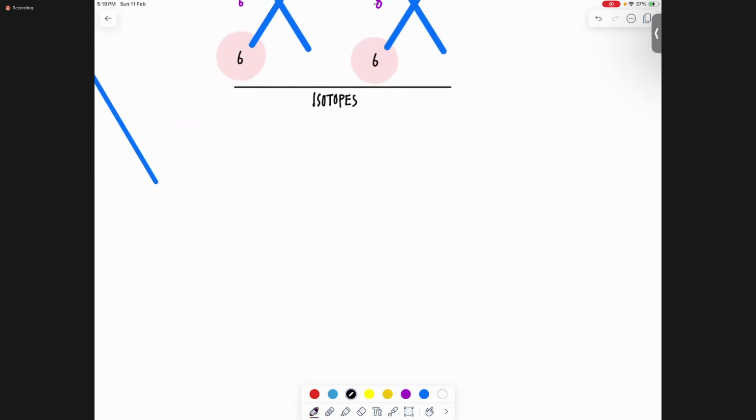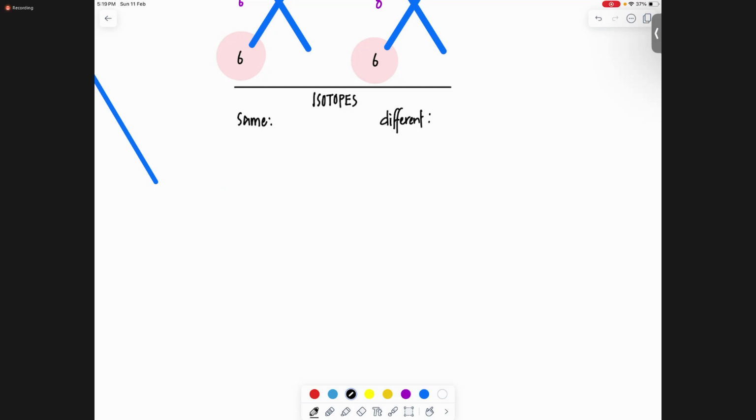Can you tell me what stays the same and what is different in isotopes? Like two isotopes, what's the same about them and what's different about them? No, I'm asking in terms of properties, not in terms of structure.